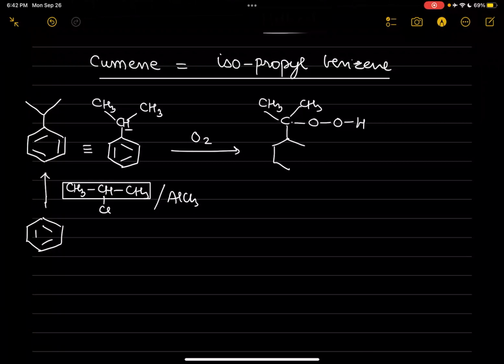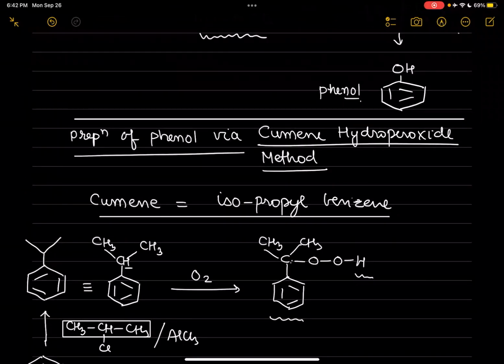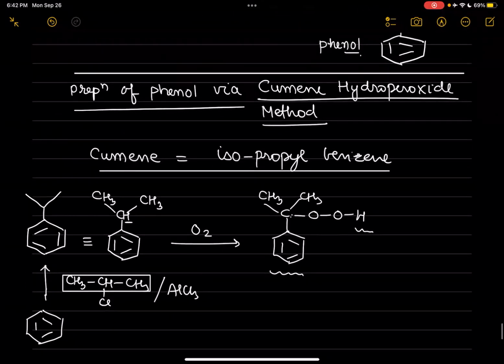The oxygen is added between the carbon and the hydrogen of this isopropyl. On one side you have cumene, another side hydrogen, and that's why the name cumene hydroperoxide.